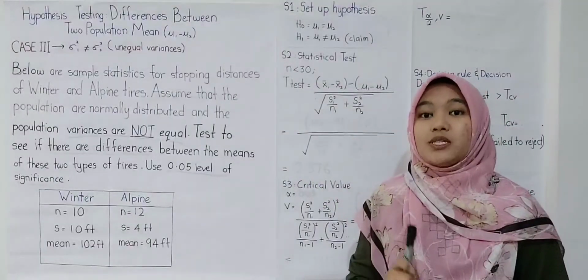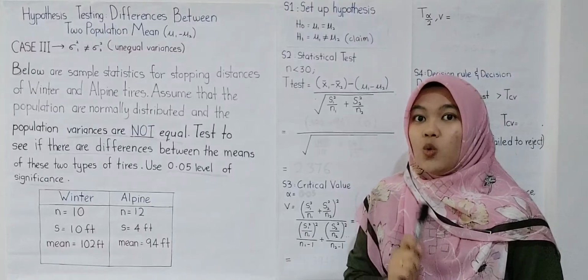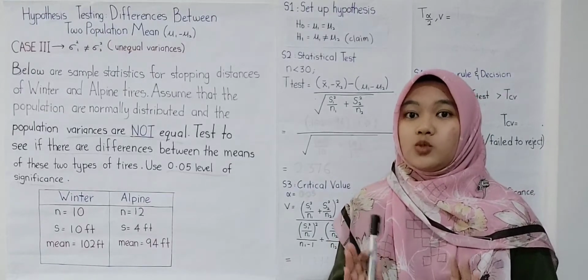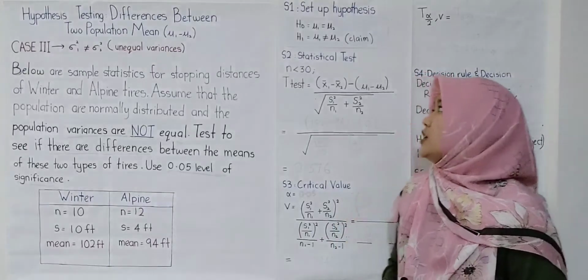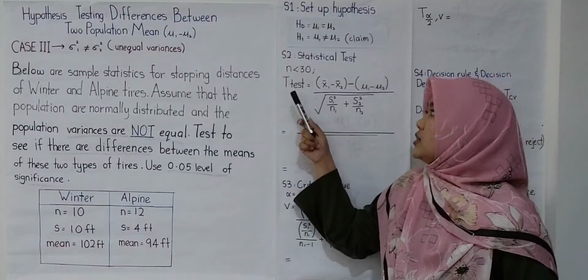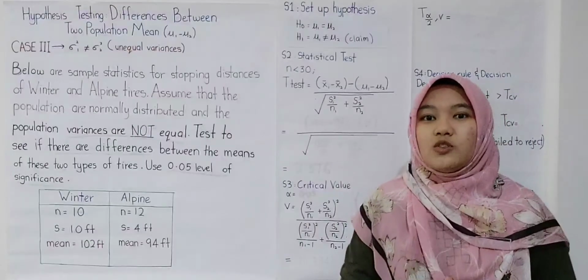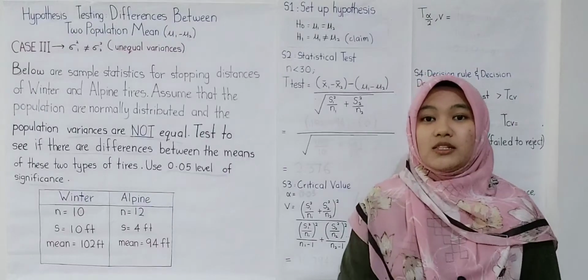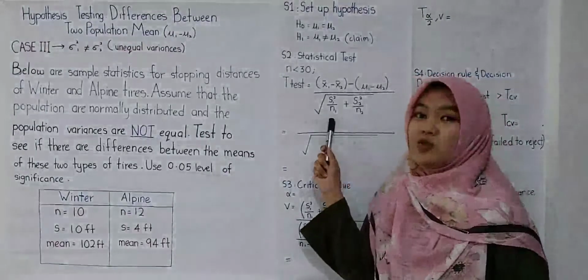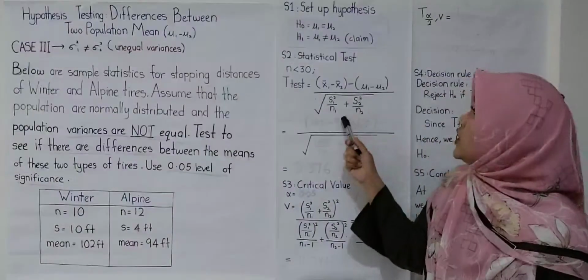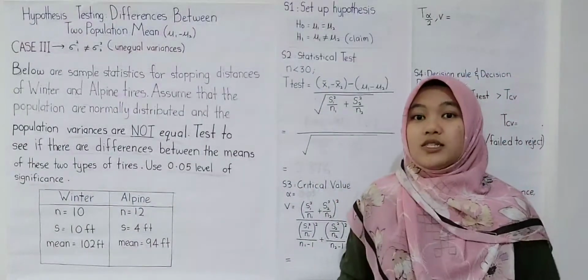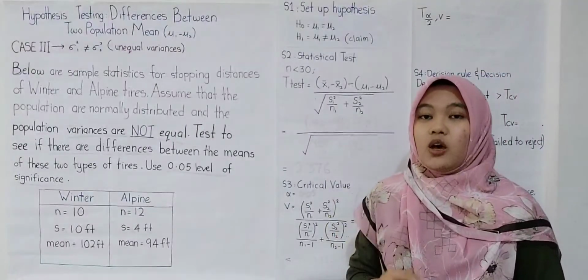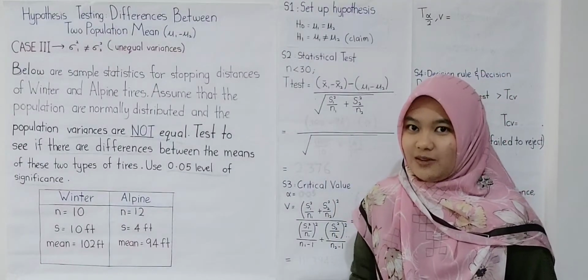However, if the sample size is 30 and above, we need to do a z-test. The difference is the table you need to refer to: for sample size lower than 30, refer to the t-table, whereas for 30 and above, refer to the z-table.